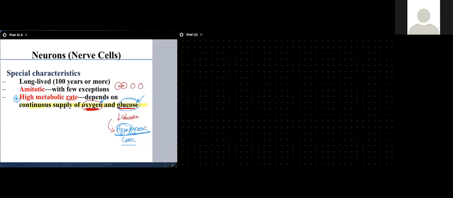All the time I need ATP. And the best way to get ATP is by breaking down the glucose in the presence of oxygen, if you remember. What do we call the process by which we break down the glucose in the presence of oxygen? You remember from our last meeting?